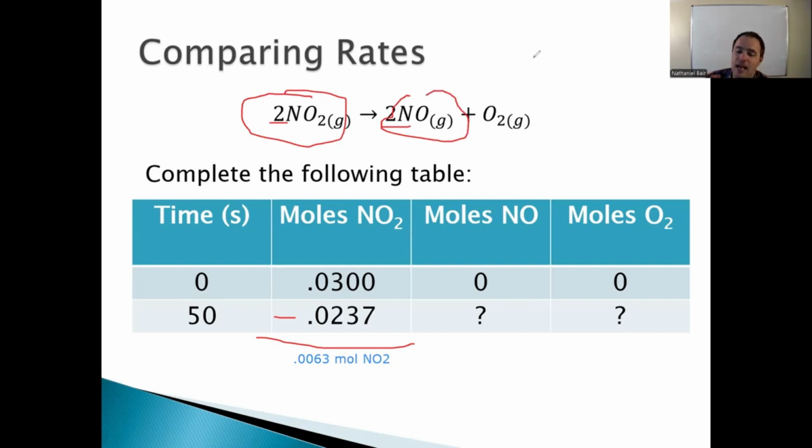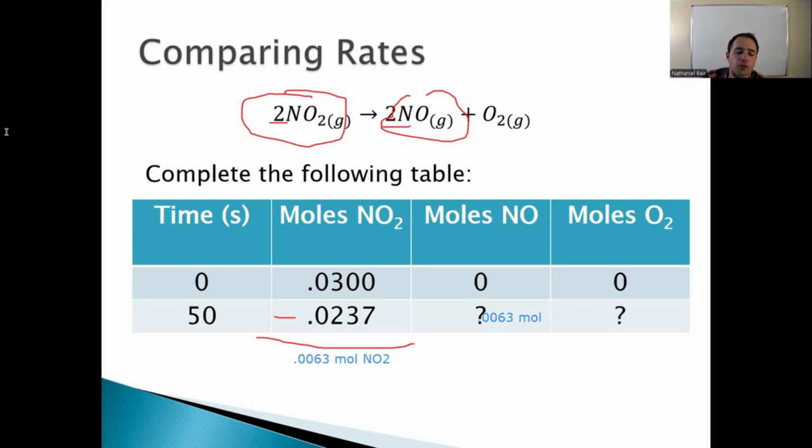They should have the same rates. Which means if I'm using up 0.0063 moles of NO2 in the first 50 seconds, then I should have made 0.0063 moles of NO in that same time interval. That's how much NO should have been made.